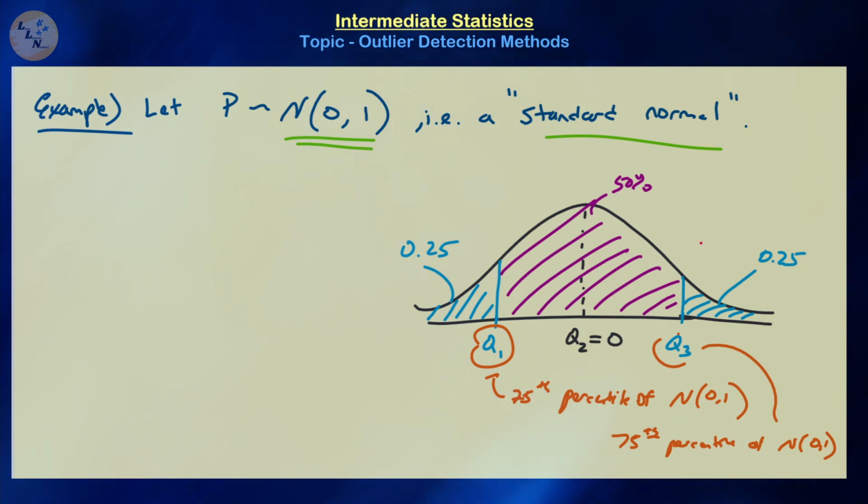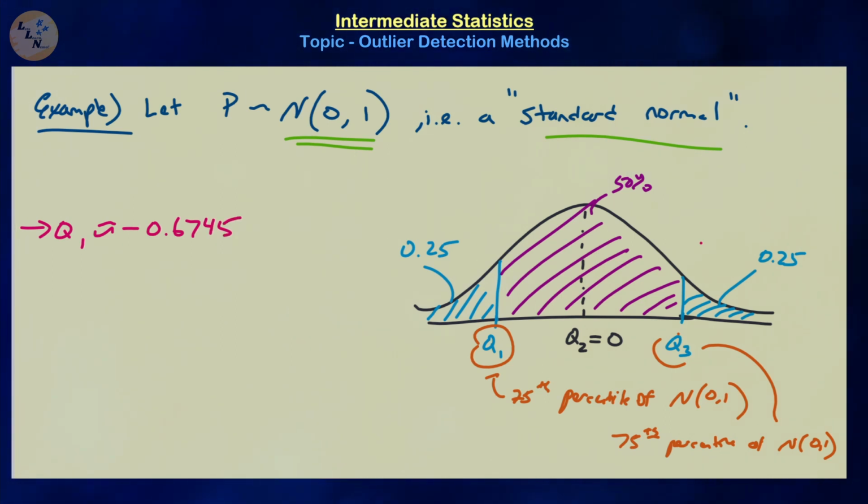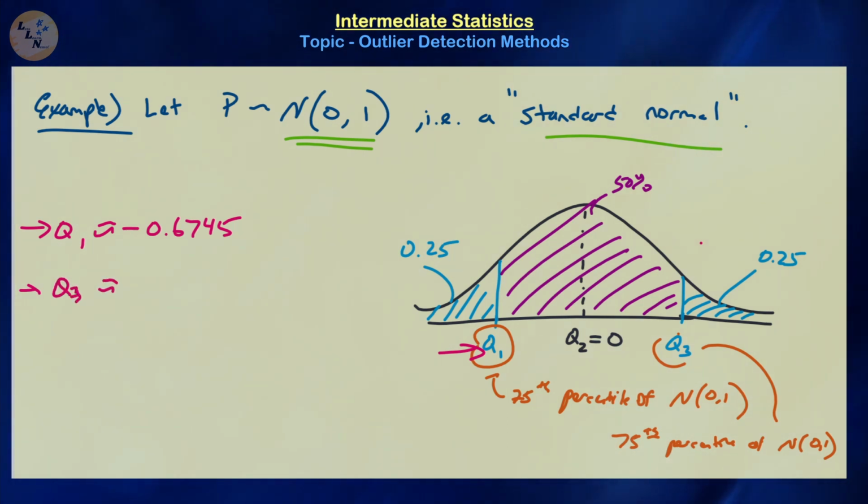You should already know how to calculate those numbers, and once you do, you find that Q1 is approximately equal to negative 0.6745. That is the z-score associated to Q1. And Q3, since this is a symmetric distribution, should just be the positive of that, approximately positive 0.6745.